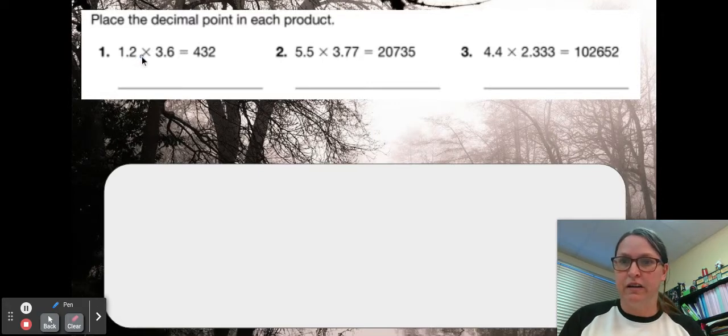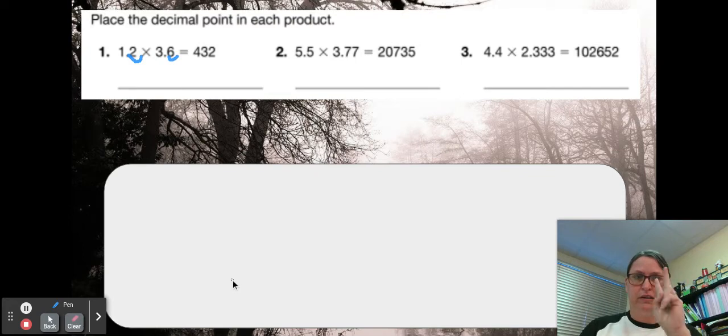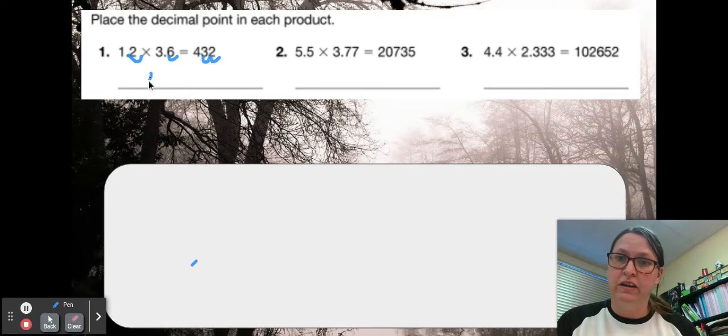I'm going to count in 1 place here, and 1 place here. 1 plus 1 gives me 2. So I'm going to go in 2 places with my answer: 1, 2 places. So my answer would be 4.32.